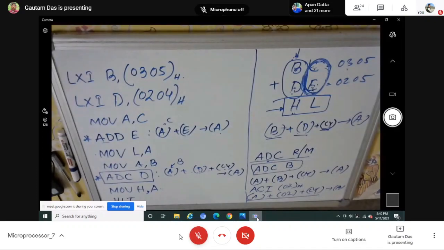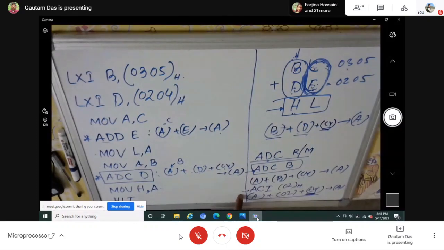No, that carry no. This is what carry information will be stored. It will be added. Which carry information will be added with this instruction? Whatever carry information is stored before this instruction, before ACI, before ADC, anything maybe.